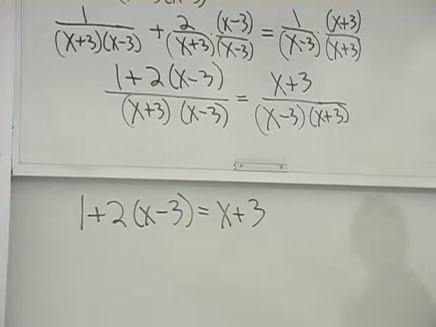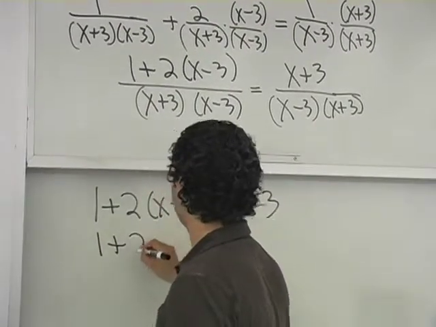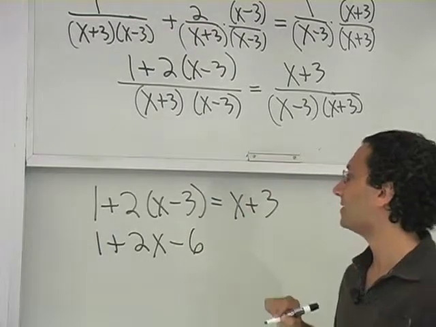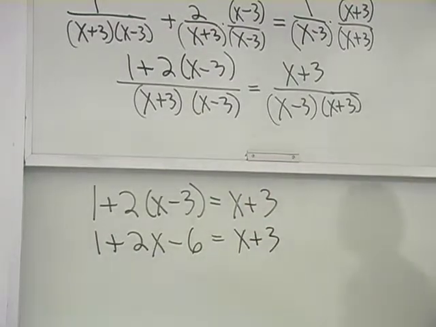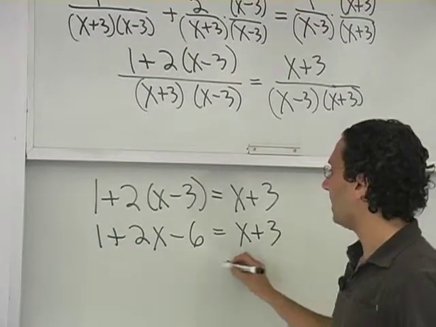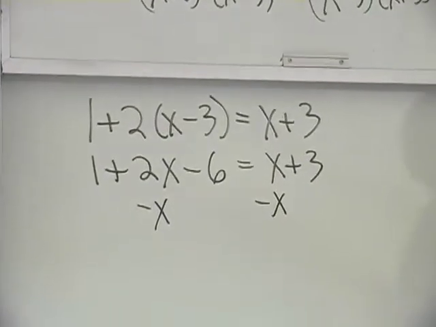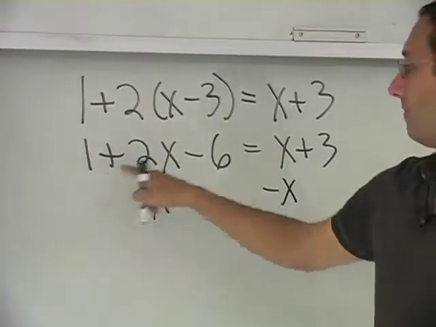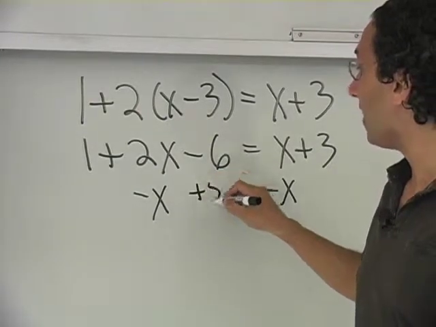We now have a linear equation that we need to solve. So we get 1 plus 2x minus 6 equals x plus 3. Looks like I can subtract x from both sides to get rid of the x on the right. 1 minus 6 is minus 5, so I'm going to add 5 to both sides.